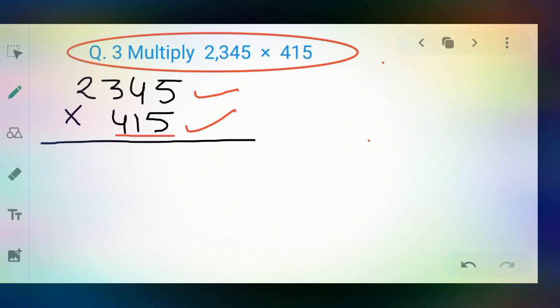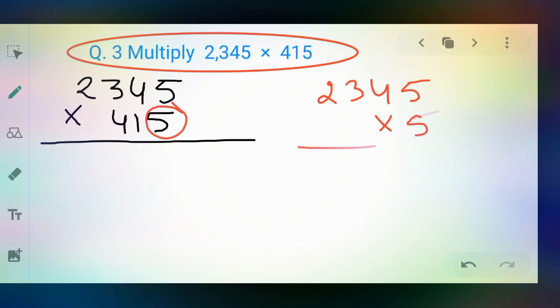Okay. So dear student, first of all here I will follow the same procedure. Okay. What I do, I will write 2345 here. Okay. After that what I do, I will multiply this number by this digit, means the first digit, and I will get an answer, and that answer I will write here.